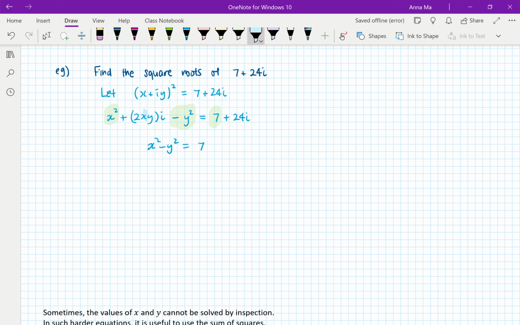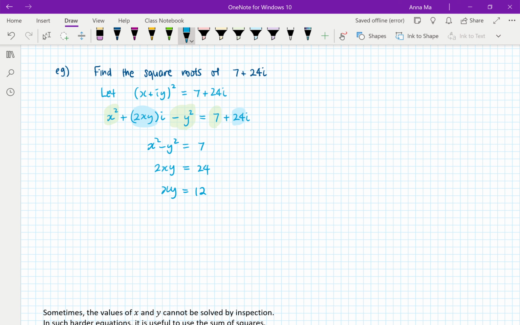And the parts that contain i in them, of course only the coefficients of them, I can say that 2xy is equal to 24. Now at this point, I could probably just simplify this to xy is equal to 12. And if you can solve it by inspection, you are allowed to do that.